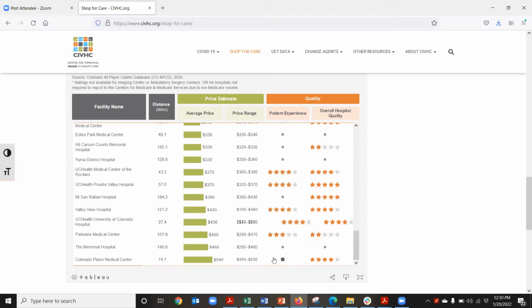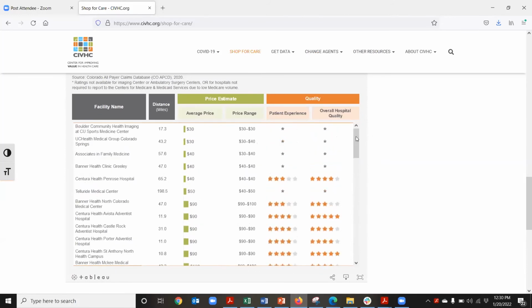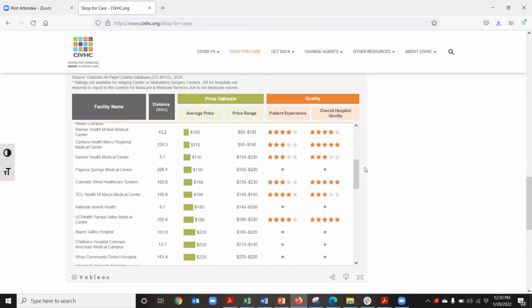And then we can talk a little more about the other pieces of the report. As I said, the average price really is the median price for the procedures provided in that specific facility. And then you have a price range, and the price range is the 25th to the 75th percentile of the distribution, which means it captures the center part of the distribution.